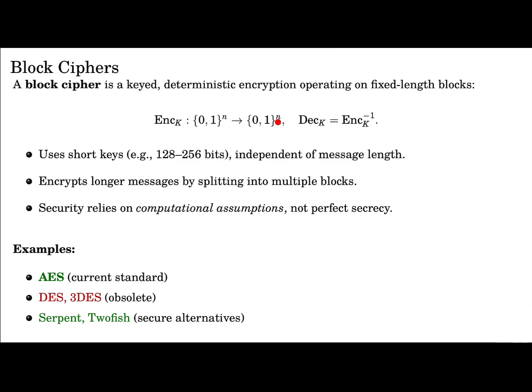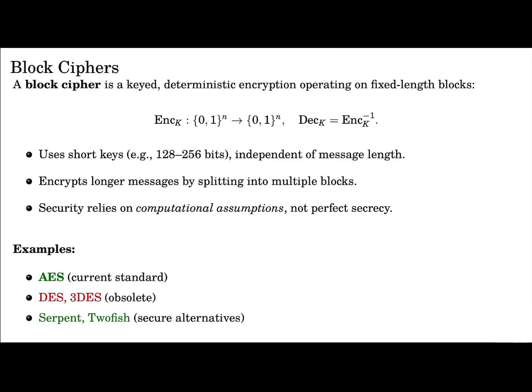And the idea here is that this key can be much smaller than the message. And of course, because of that, you're not going to get perfect security. You will get computational security. There's a whole field of studying computational security and things like that, and we'll talk about some of that stuff, right?